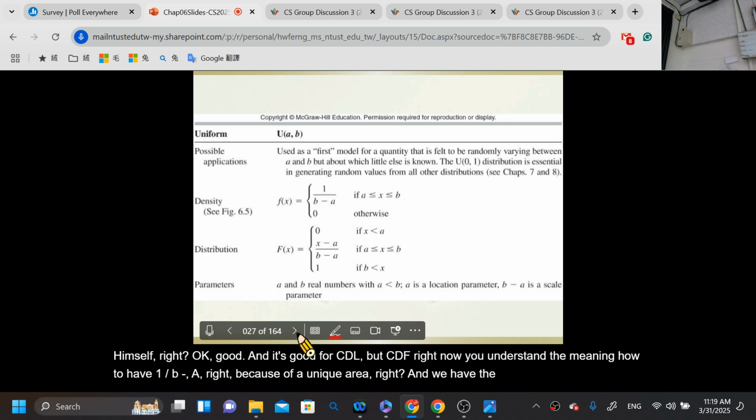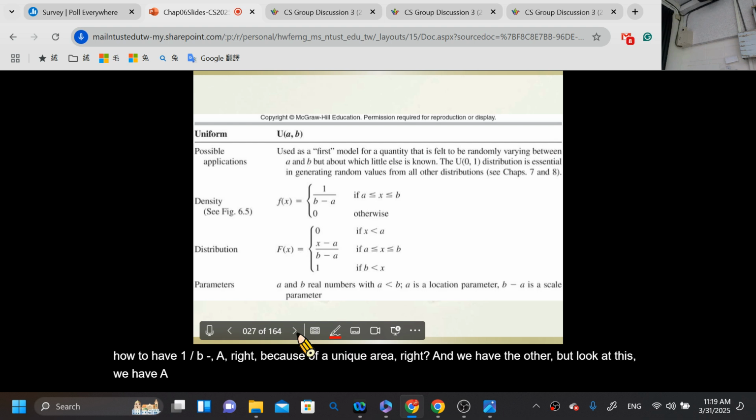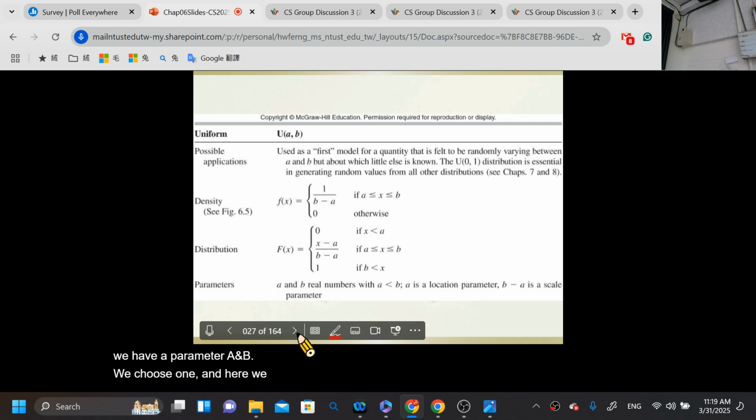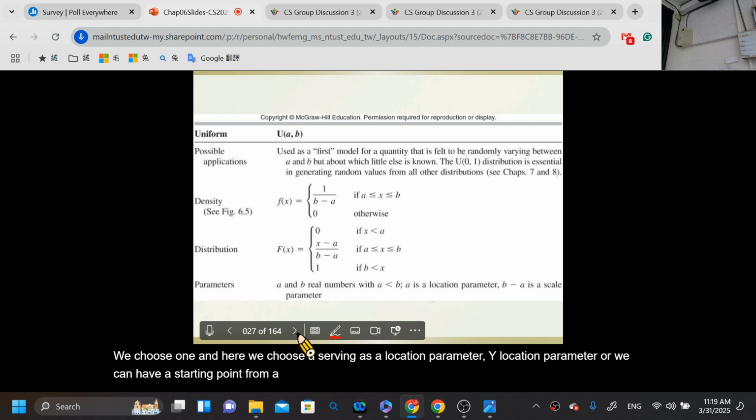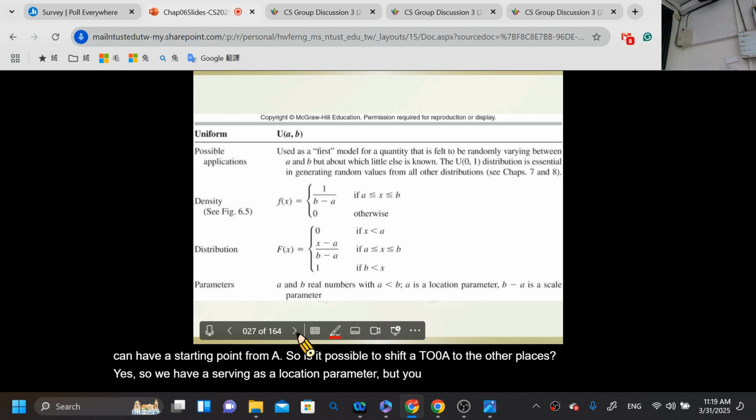But look at this. We have parameters A and B. We choose one, and here we choose A serving as a location parameter. Why location parameter? We can have a starting point from A. So is it possible to shift A to 0, A to the other places? Yes. So we have A serving as the location parameter. But it mentioned B minus A is the scale parameter.